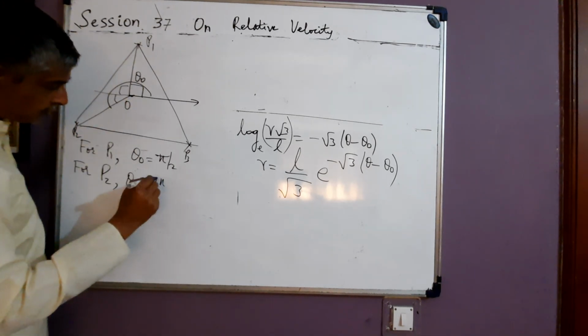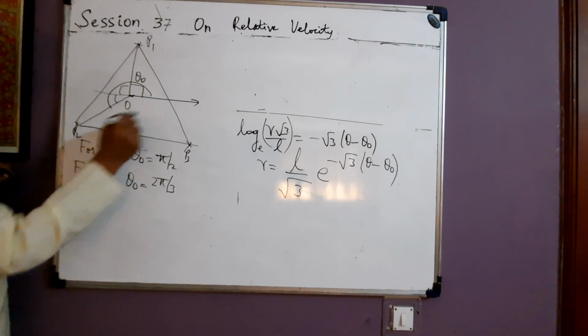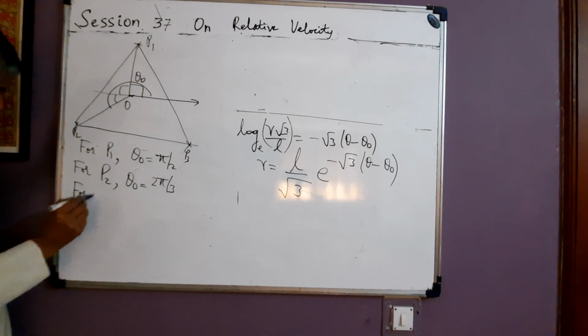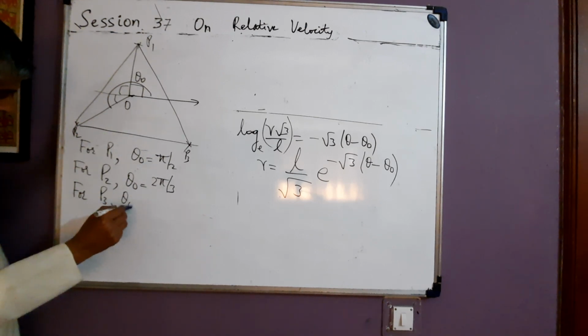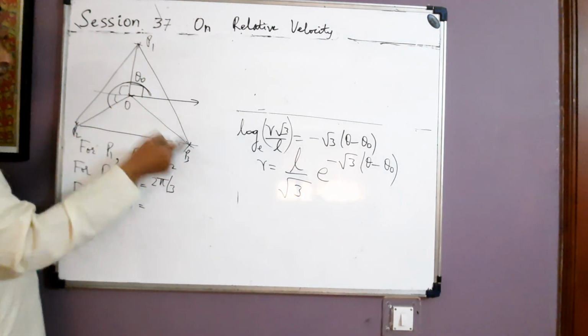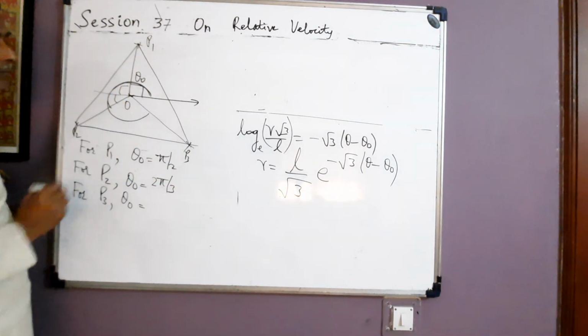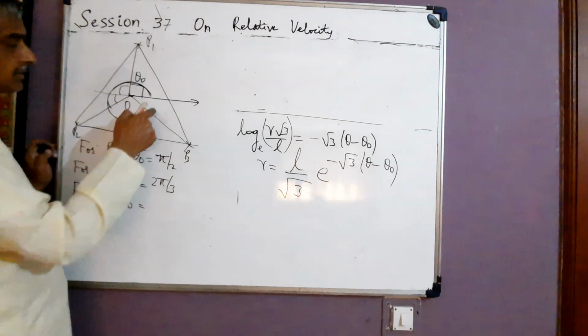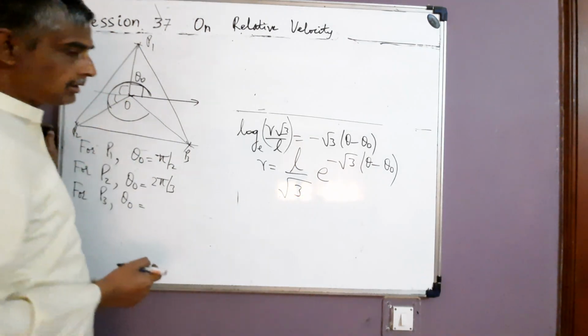The theta naught becomes 2 pi by 3. And for P3, theta naught becomes this angle. The initial value of theta for P3 will be this angle. This will just be 360 minus 30, 330 degree, that is 11 pi by 6.